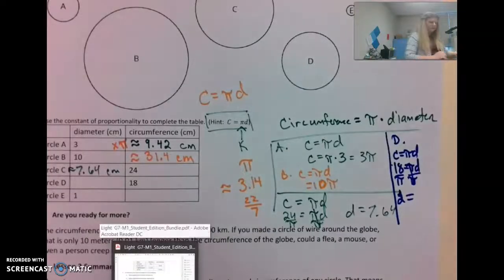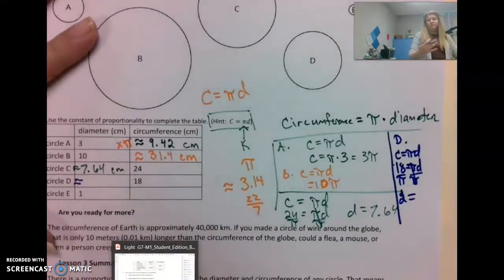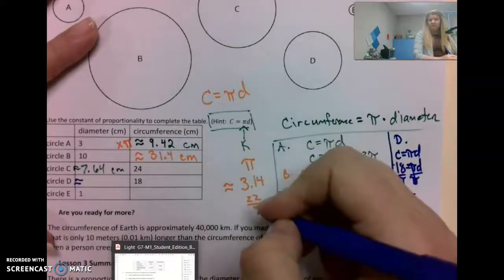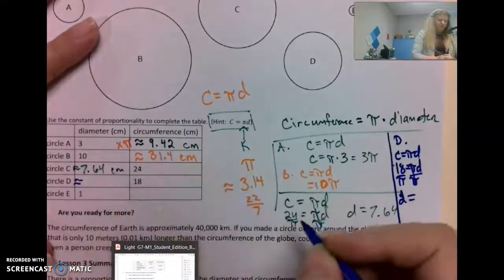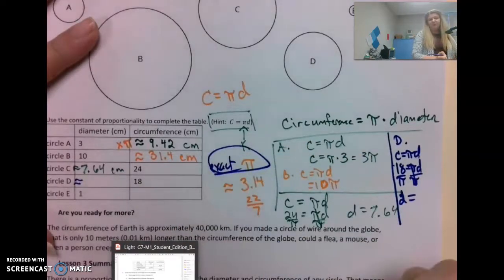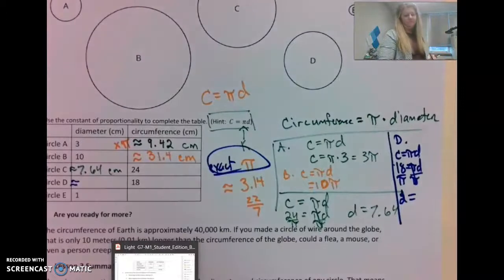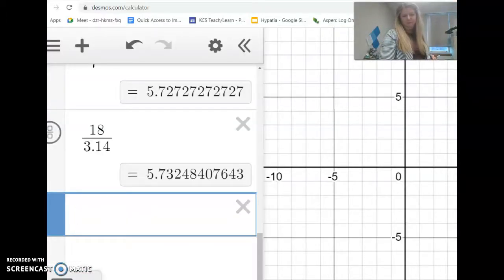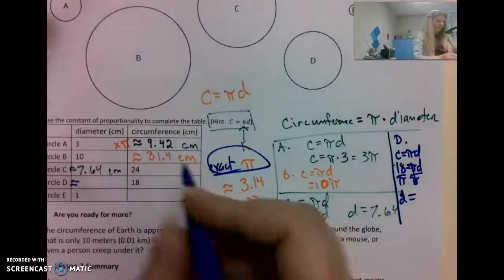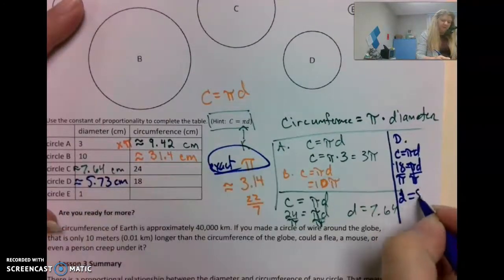Now sometimes, let's say if this were an official test or something, you're told to use one of these for pi. You will be told, or sometimes it might say find the exact answer, so that's when you use the pi symbol. Approximately 5 and 73 hundredths.